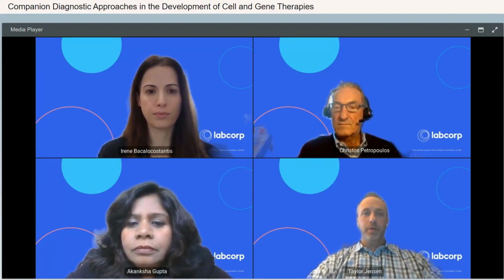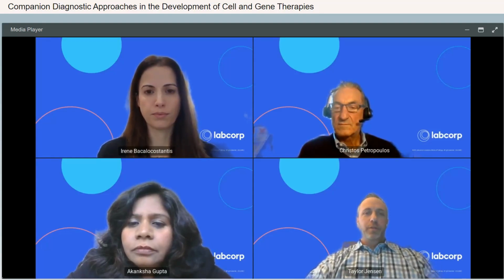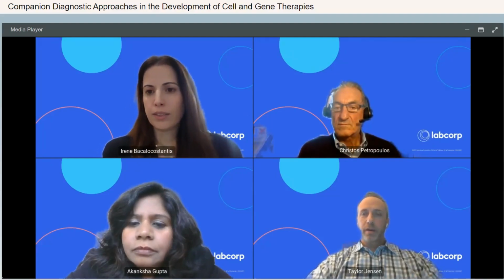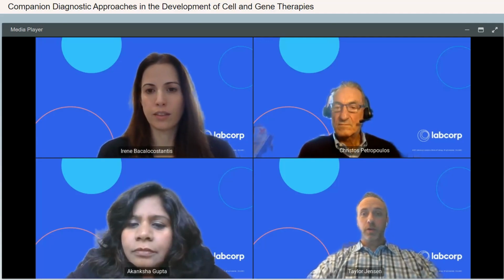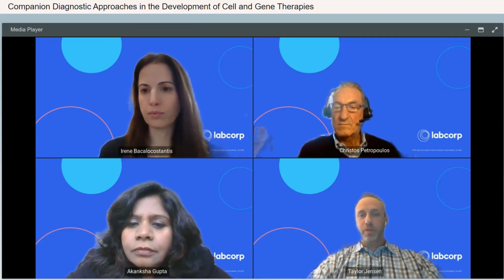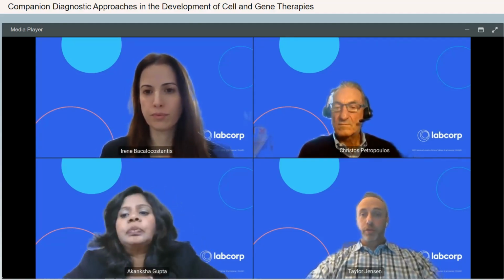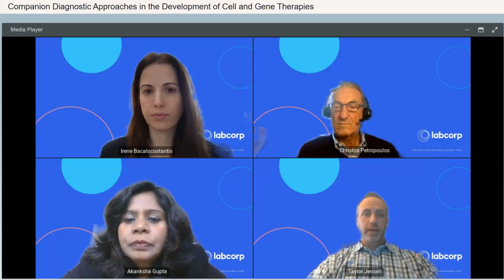As an example Chris mentioned earlier, if you think about a gene therapy targeting a very rare disease, or something like hemophilia B, that model may be best suited by a single site or limited site manufacturing and testing model, where samples may be distributed to either a single site or a limited number of sites for testing, because the incidence rates, if you distribute that broadly, may not warrant all of the work that's required to implement and offer that type of testing.